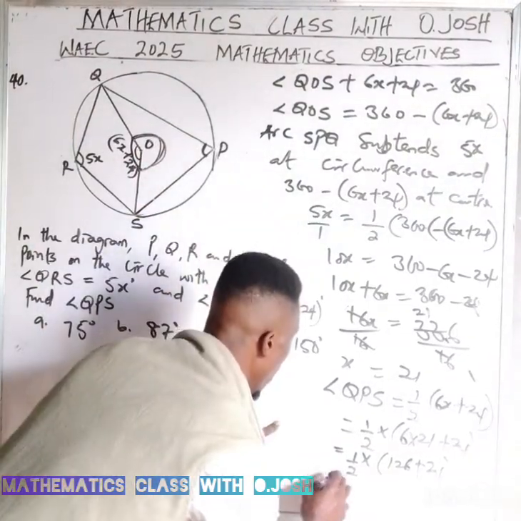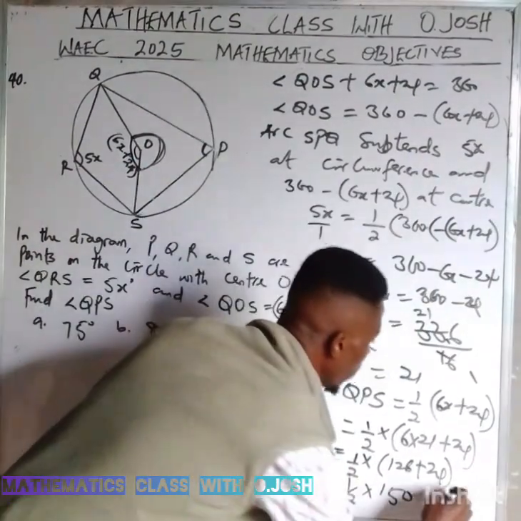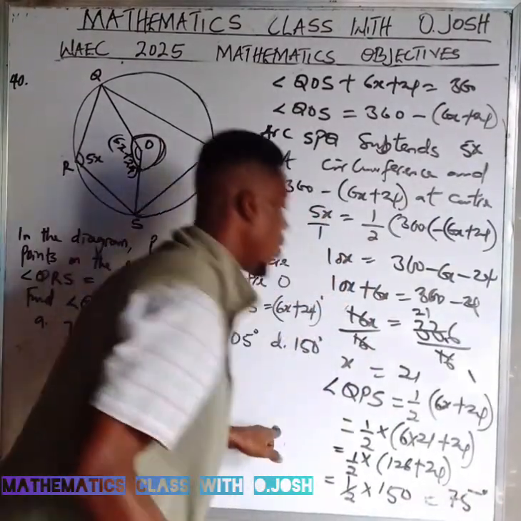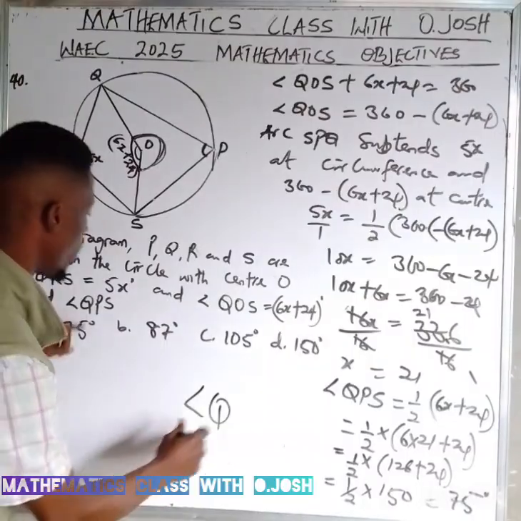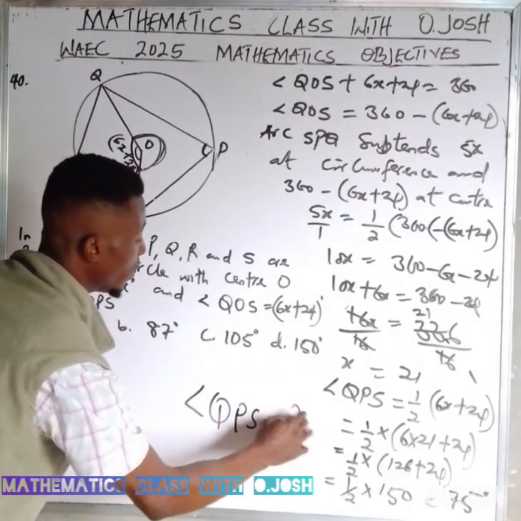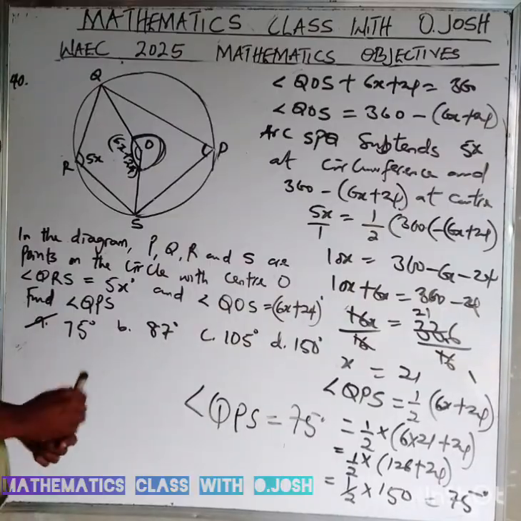So then we have half times 150, and half times 150 should give us 75 degrees. So angle QPS is equal to 75 degrees. And from the options here, we have option A as the correct option.